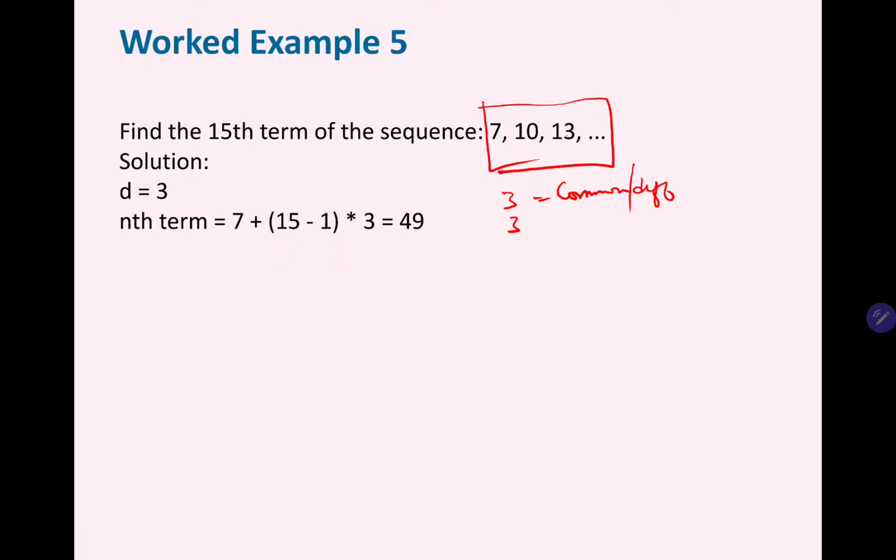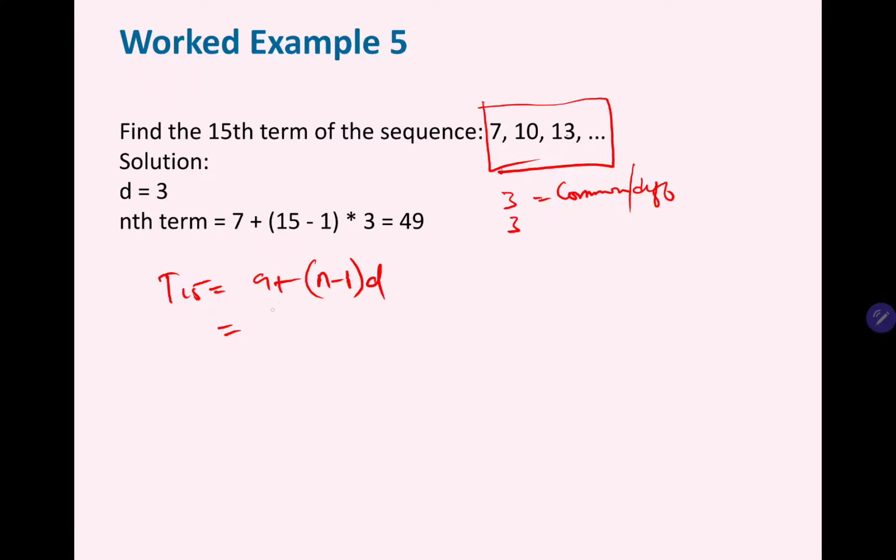All right. So if we're told to find the 15th term of this sequence, we apply our formula. T15 is equal to, this is an arithmetic sequence, so we use the arithmetic formula, a plus n minus 1 d. You should have this formula in your head.